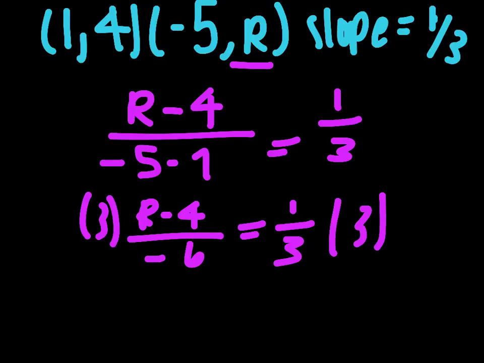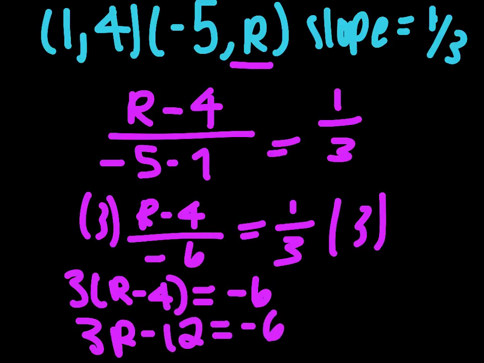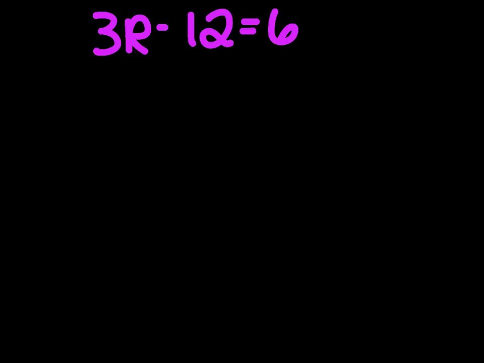So now you have 3 times r minus 4 equals negative 6. Then doing the distributive property, you would get 3r minus 12 equals negative 6. Now that you have 3r minus 12 equals negative 6, you just solve it like a regular problem.